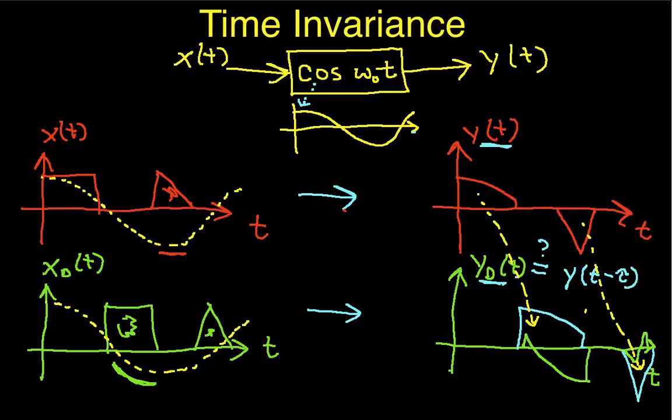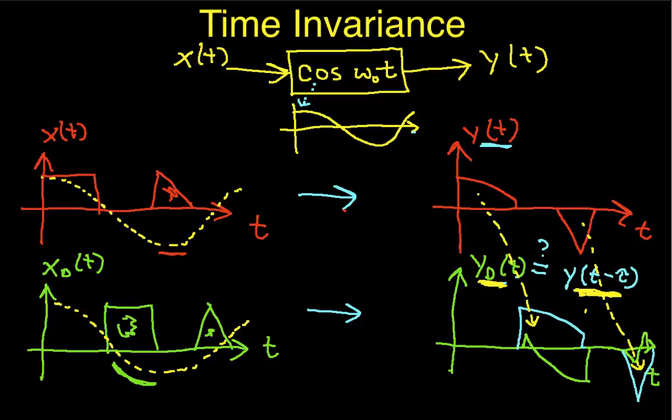And you can see, because my artistic abilities are so good, that the shifted output is not at all the same as the output in response to the shifted input. So this is an example of a time varying system.